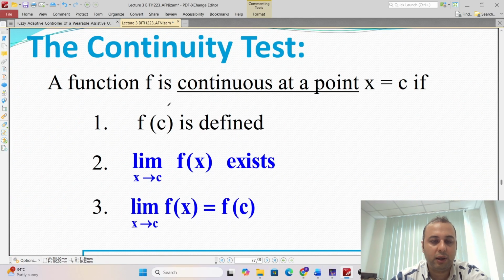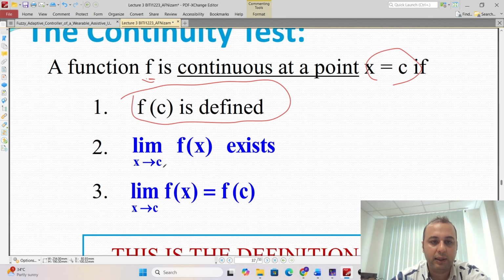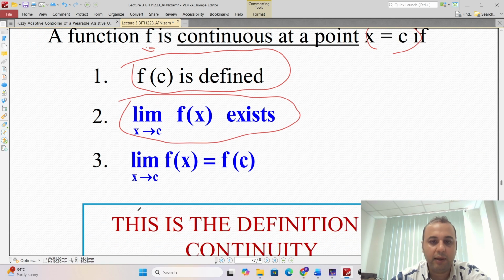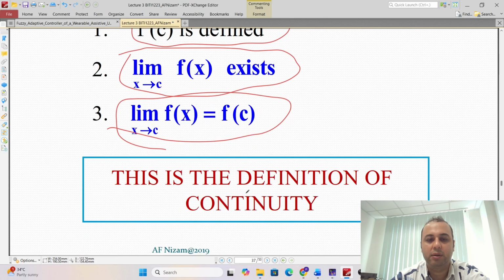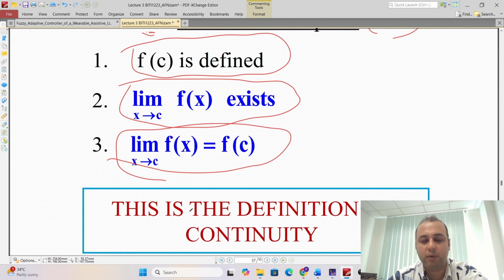A function f, where f is the name of the function, is continuous at the point x equals c if, first, f(c) should be defined; second, the limit of the function should exist; then the limit of f(x) should be equal to f(c), what we get if we substitute c inside f(x). This is the definition of continuity. So three conditions.